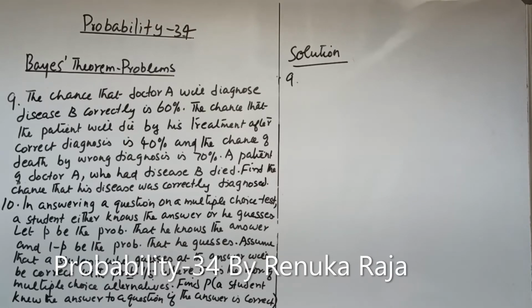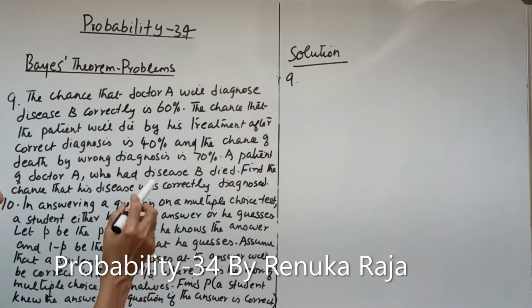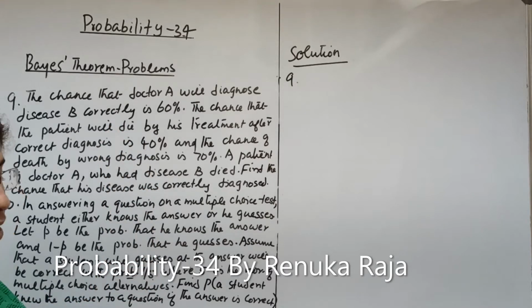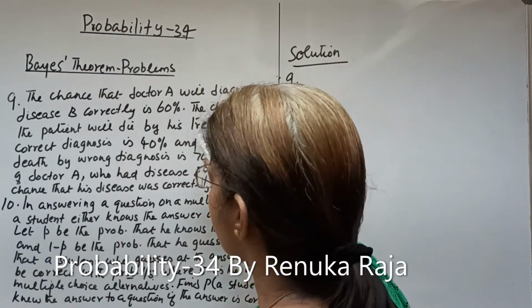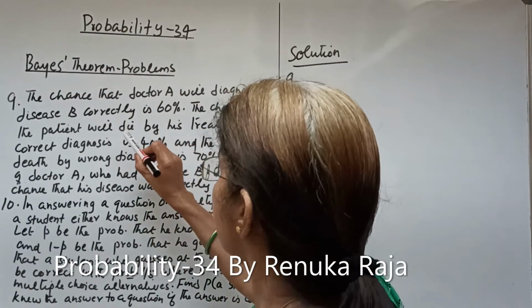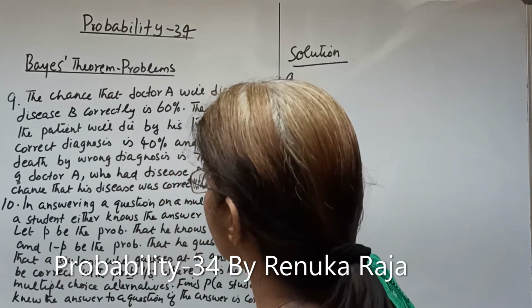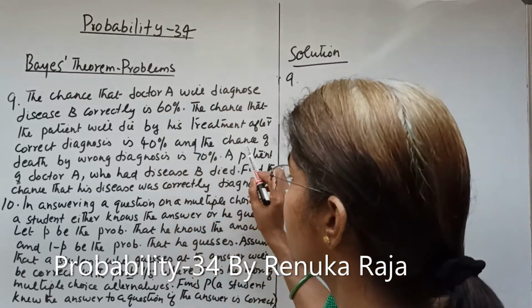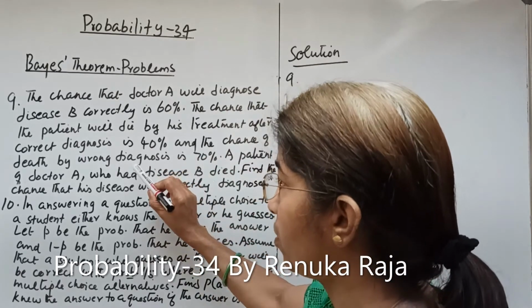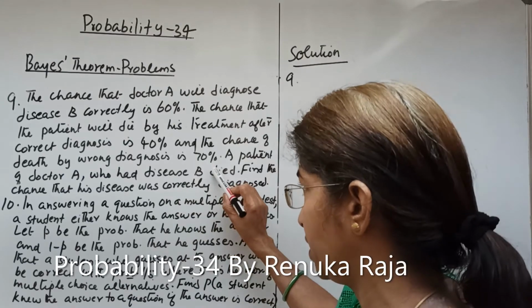So here we are given two alternatives: Dr. A will diagnose the disease either correctly or wrongly, and it is given that the probability that the patient will die by his treatment after correct diagnosis is 40%, and the chance of death by wrong diagnosis is 70%.